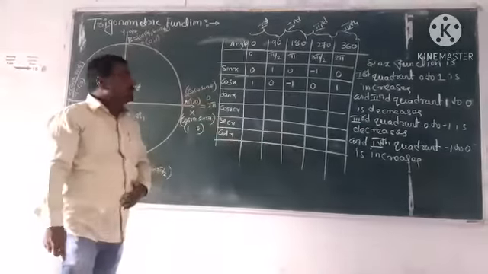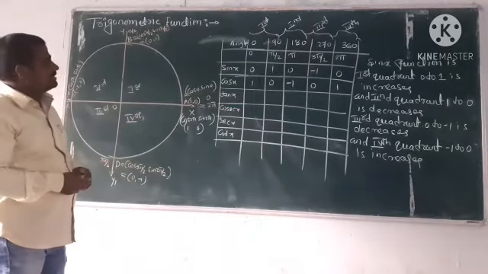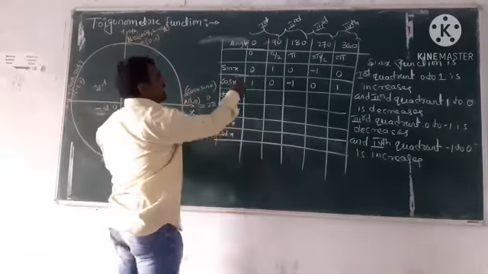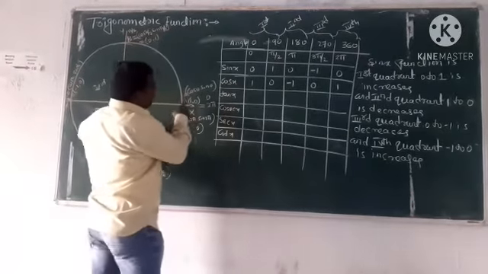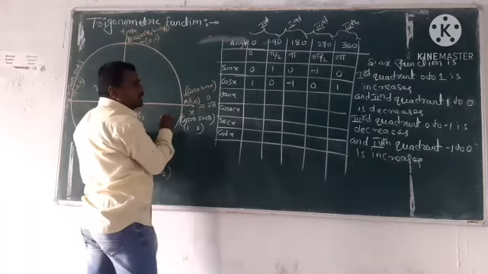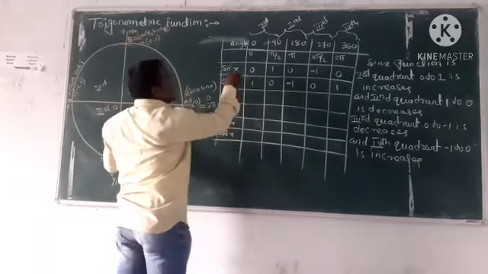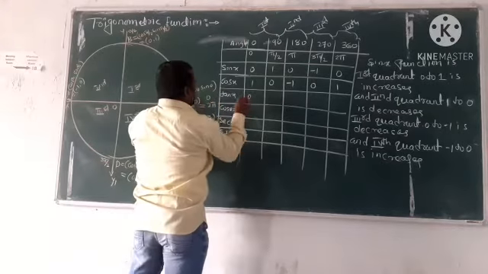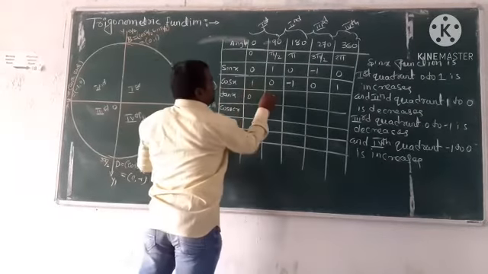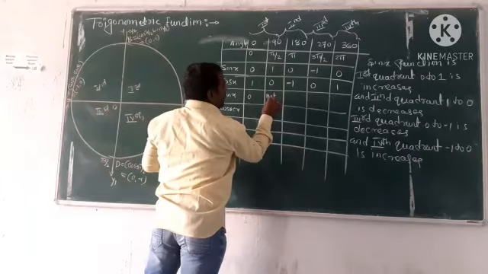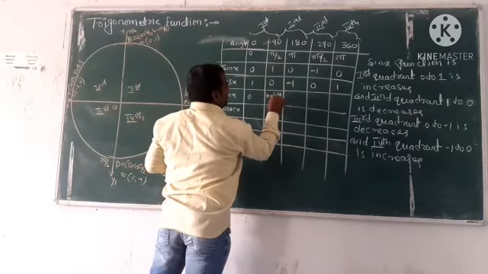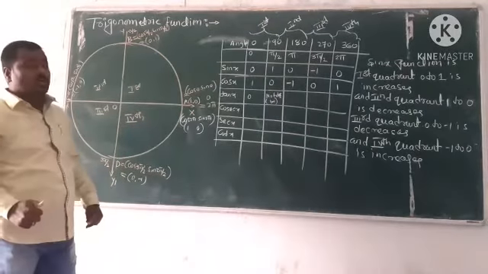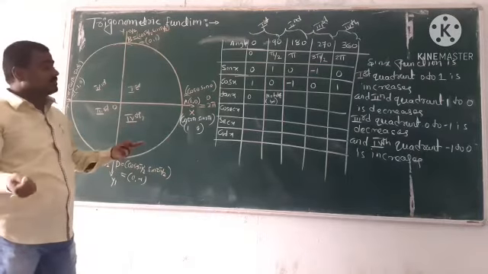Clear? Next, tan x. We divide sin x by cos x, so we divide these two. So 0/1 is 0, right? 1/0 is not defined. It means infinity. Infinity means the biggest, maybe increase, maybe decrease.